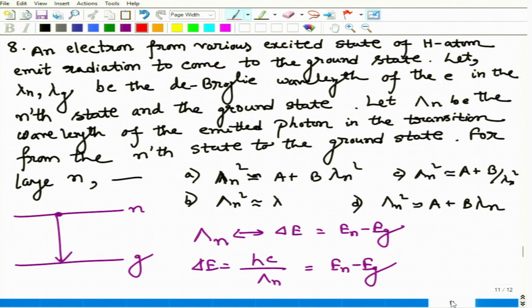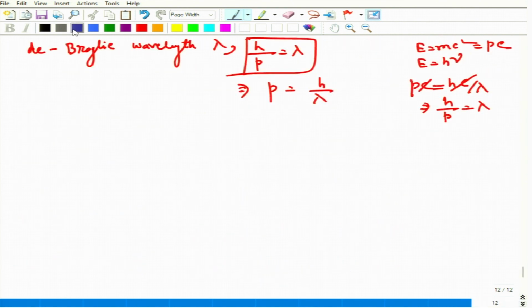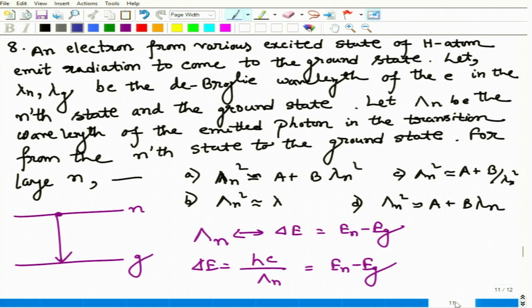Now, what is given? Yes. Okay, lambda n and lambda g, those are the de Broglie wavelengths. We have to convert that because we need En and Eg, then we can subtract them, and from that we can find the relation of lambda n. But we have to do that first, that scale h square by 2 m lambda g.